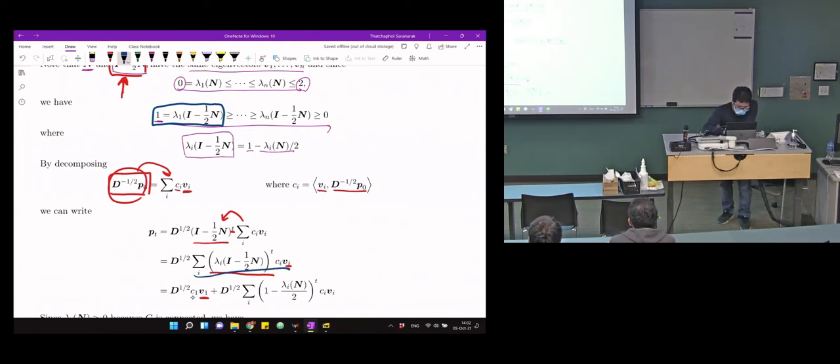So the first term of the sum is just 1 times c_1 times v_1, and everything else is here. I just separated the first term of the sum from this part.